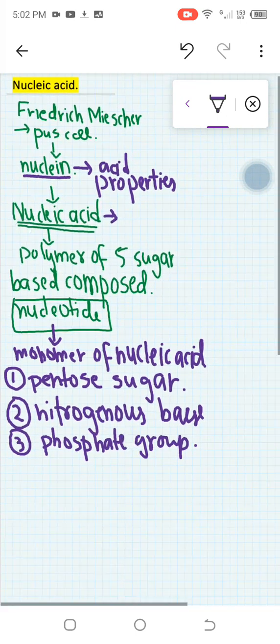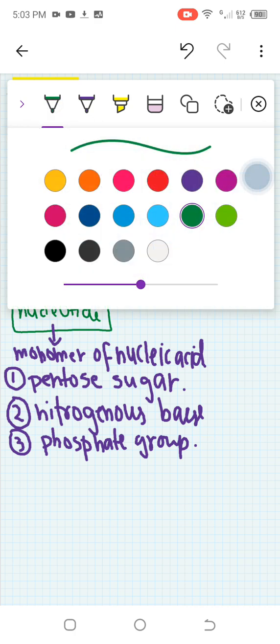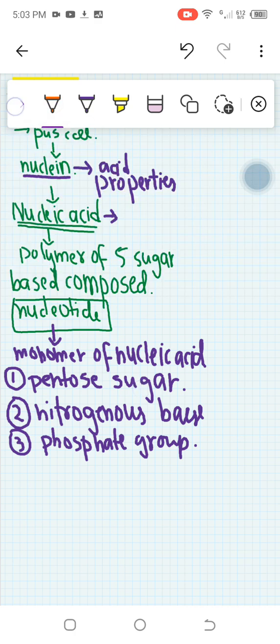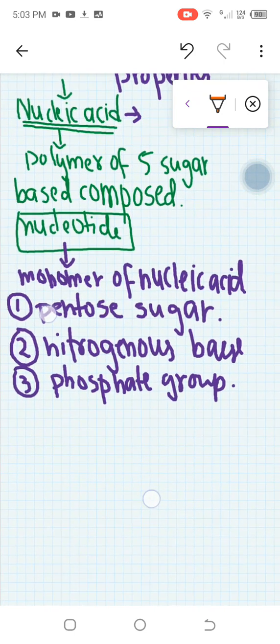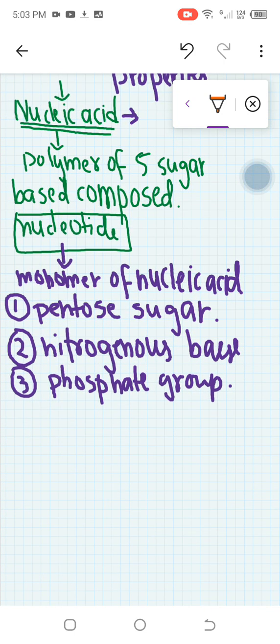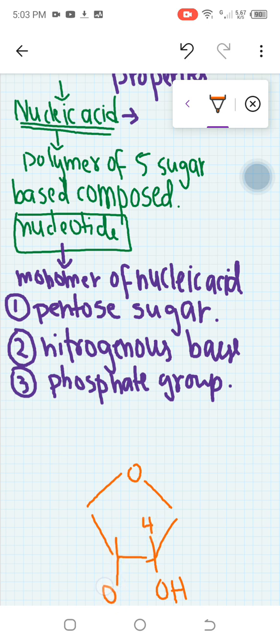So here I'm going to draw the structure of nucleotide. Here you can see we have a 5 carbon pentose sugar. This is the first, second, third, fourth, fifth carbon.